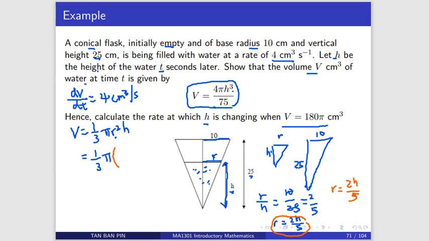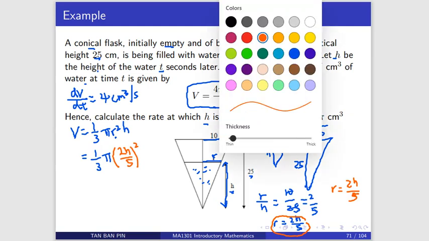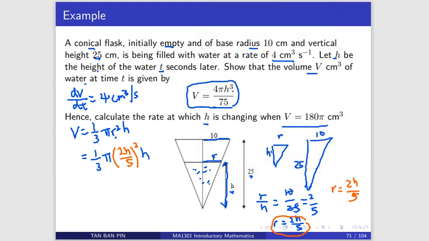The R squared, you replace by (2h over 5) squared, and h. With that, 2 squared is 4, so you see 4 pi h squared, and h gives you h cubed. 5 squared gives you 25, times 3 is 75. So it gives you 4 pi h cubed over 75. So with that, you have shown this.